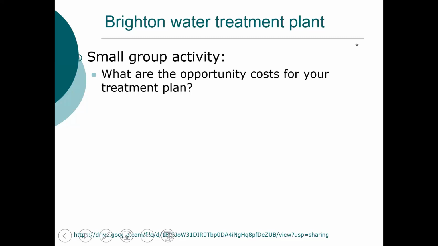Okay, I think we should all be back. Yes, okay. So let's process and think about what were some of the items that you mentioned. I'm going to call on group 4. Could somebody from group 4 talk about what were some of the items that you identified?